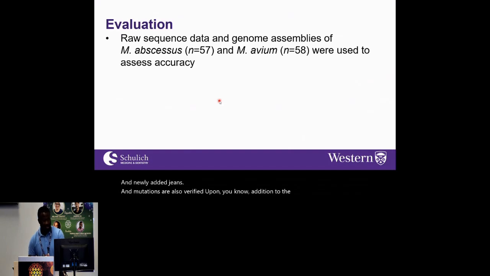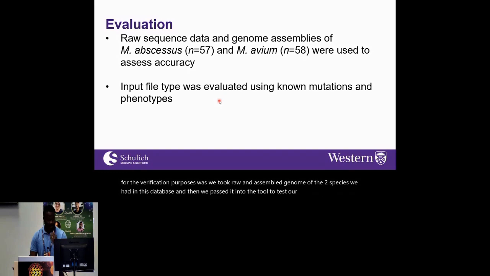And what we did for the verification purposes was we took raw and assembled genomes of the two species we had in this database, and then we passed them into the tool to test for accuracy. And we used two different file modes, the FASTQ and then the assembled genomes, for this analysis.